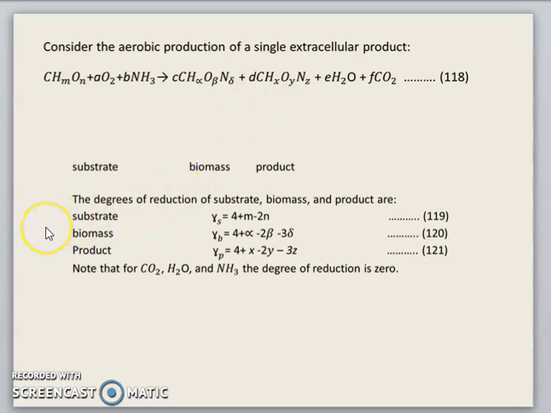The degree of reduction of substrate, biomass and product can be written as the following equations.